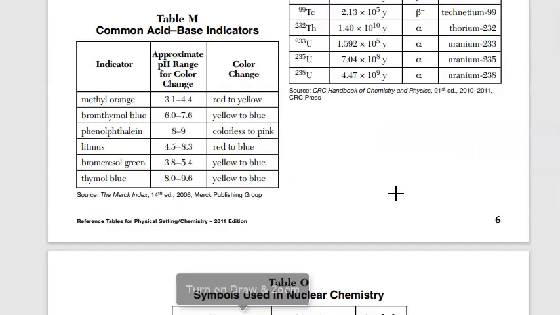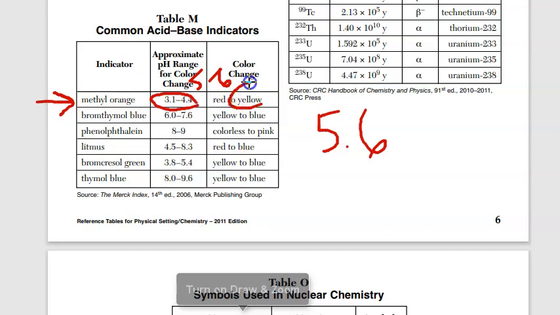Okay, so we need to match the color of the indicator at a pH of 5.6. Methyl orange is supposed to be yellow, and at 5.6 that makes sense to me because 5.6 is higher than that transition from red to yellow. So 5.6 is higher than 5.4, which would make it yellow. I think that's our answer.